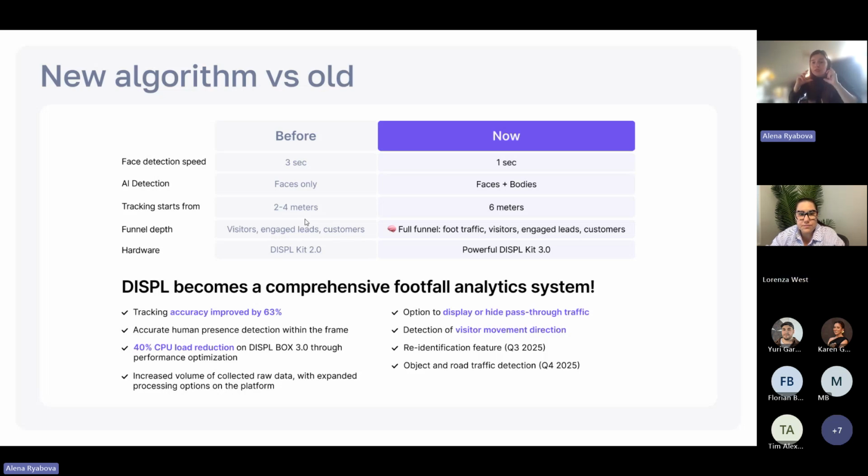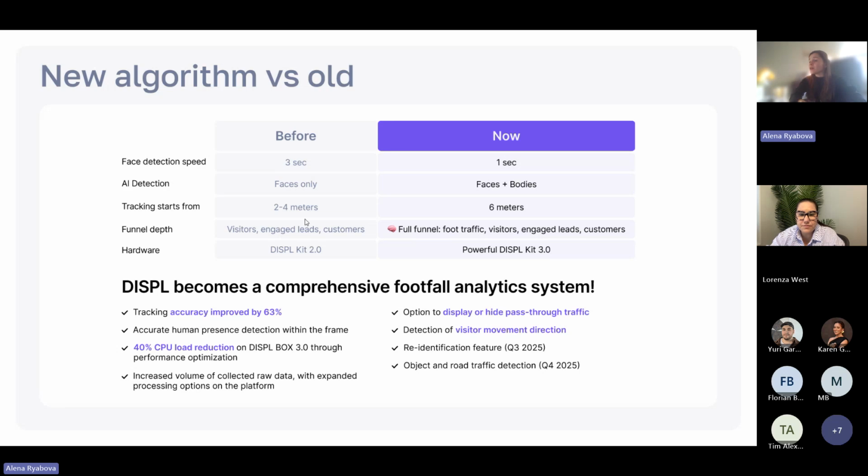Before, we always needed to see the face. That's why it's 2 to 4 meters, because we need to understand if it's a man or a woman. Now, because we also work with bodies, we can start detection from 6 meters. So from 6 meters, we can understand that the person is approaching your location, is inside your location.